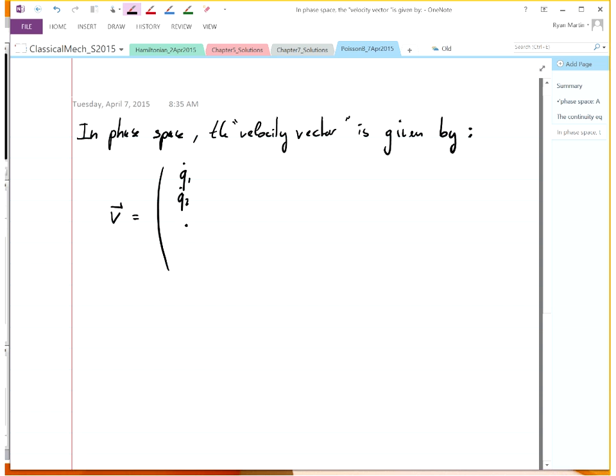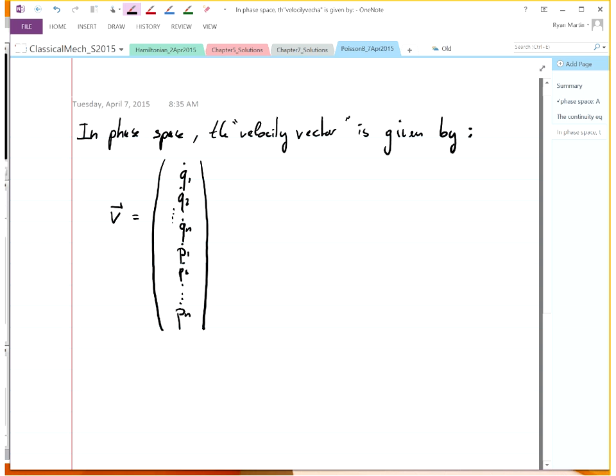So the velocity vector is going to be q1 dot, q2 dot, all the way to qn dot, and then there'll be p1 dot, p2 dot, all the way to pn dot. Right?